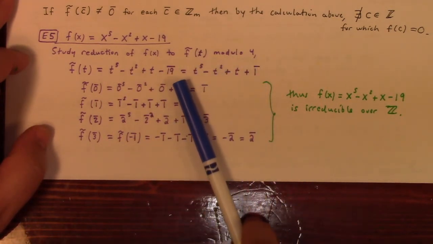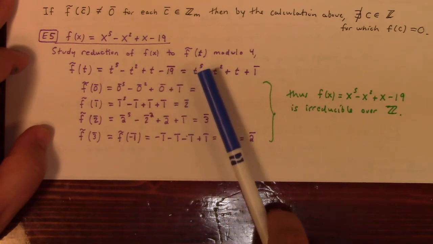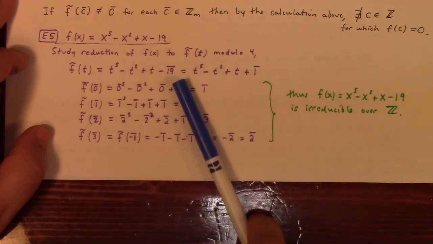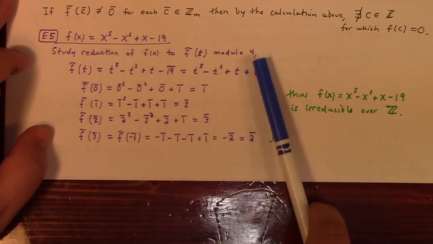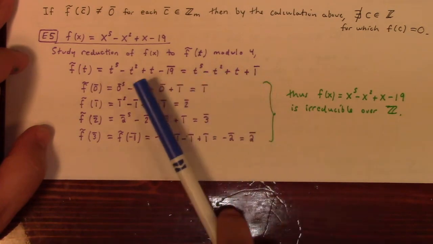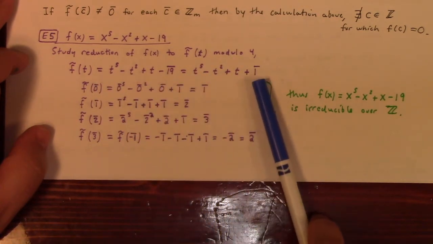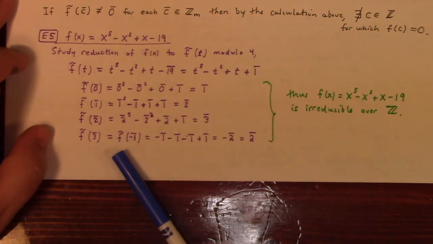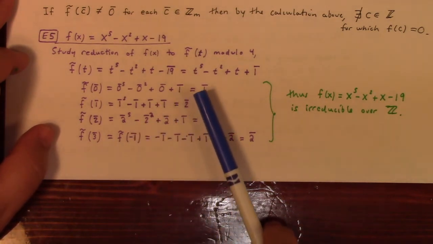So first of all, minus 19 plus 20. 20 is 5 times 4, right? Is 1 bar. So this is the corresponding reduced polynomial with coefficients in Z4.